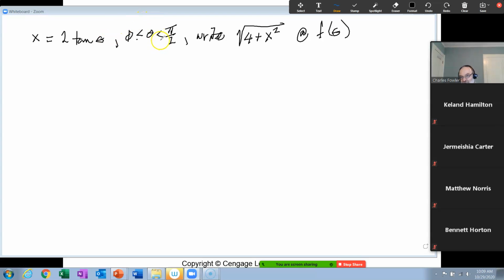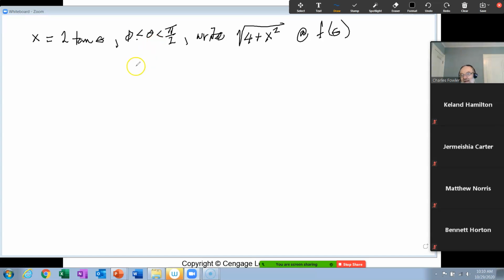This makes more sense, though. You cannot take the tangent of pi halves because that's undefined. That's that vertical asymptote. So you have to end it before you get to pi halves, and they went right up to it. On this end, they could have gone to negative pi halves to pi halves, as long as it's strictly less than, but they just chose to go from 0 to pi halves, which is perfectly fine.